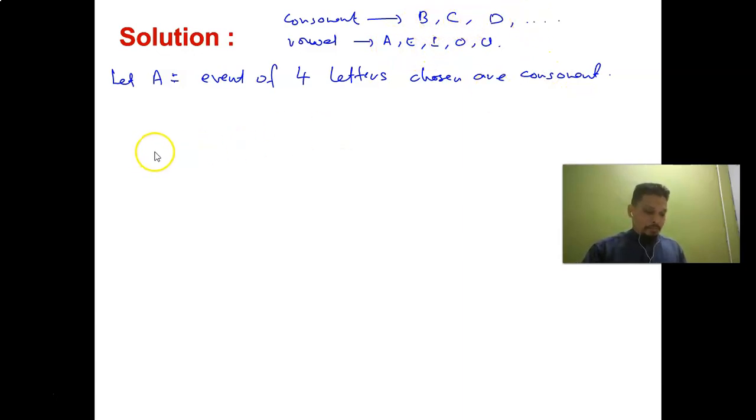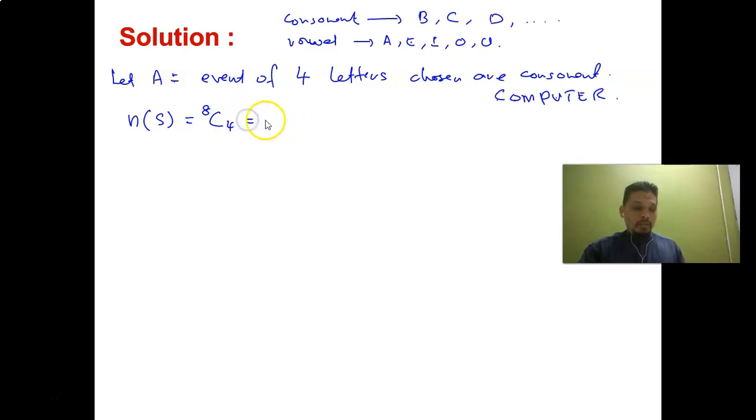Now, S is the set of choosing 4 letters from the word computer. So 1, 2, 3, 4, 5, 6, 7, 8. From the total of 8 letters from the word computer, we choose 4, equal to 70 ways of choosing the 4 letters.